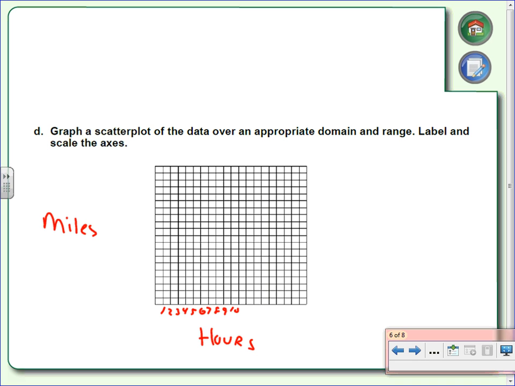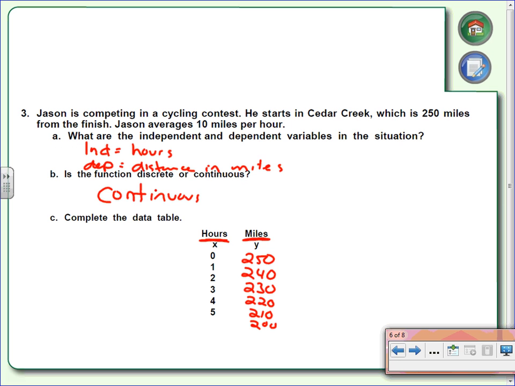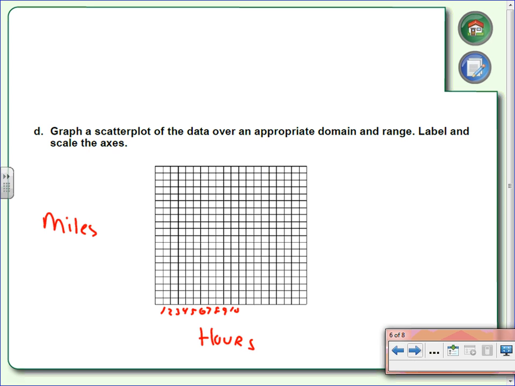110, 120, 130, 140, 150, 160, 170, 180, 190, 200. But if you notice here, the biggest number we had in our table was 250. Count by 20s. Then 20s will actually do it, right?